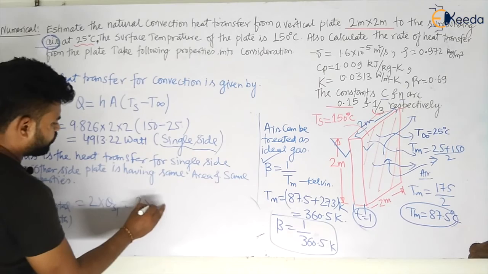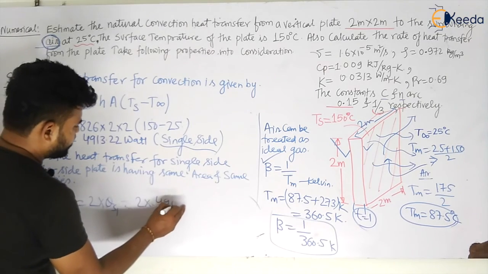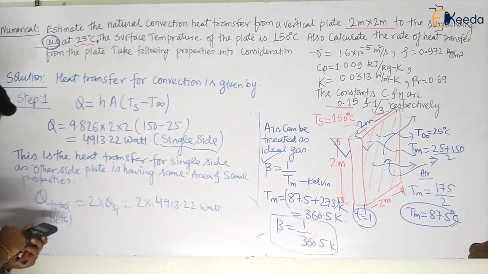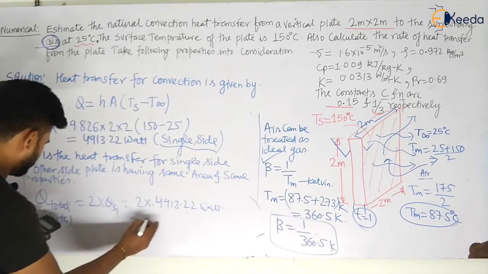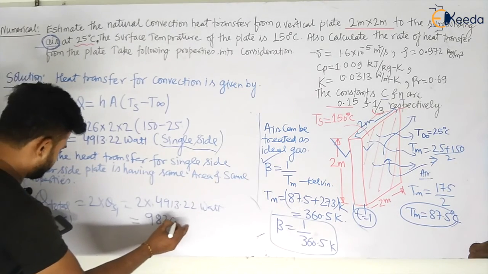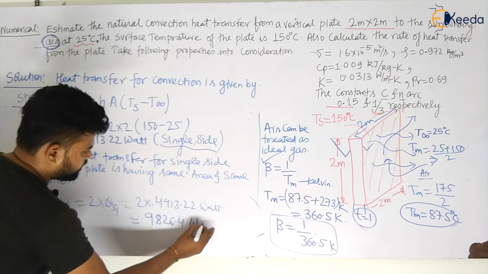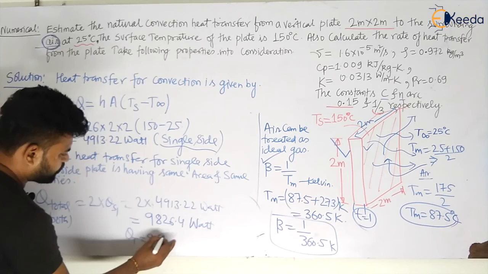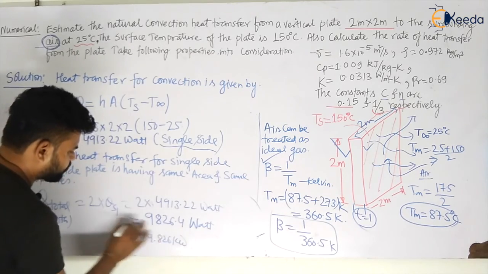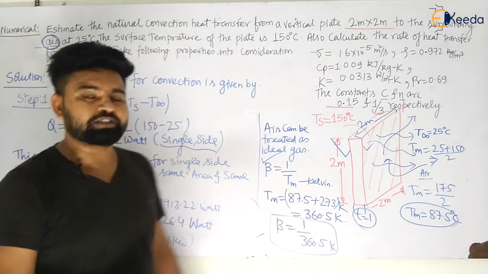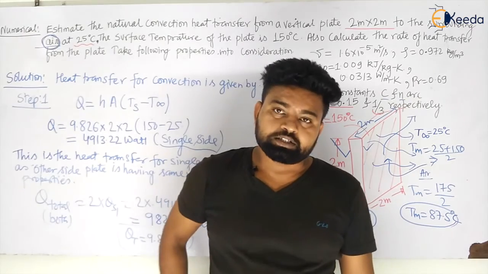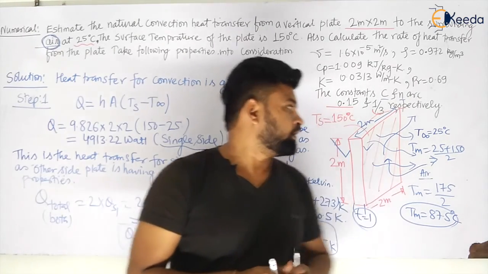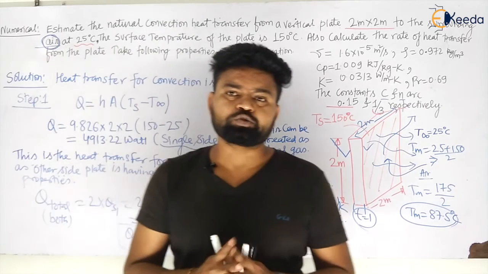So this will become 2 into 4913.22 watt. So this will be multiplied by 2, and total heat transfer will be equal to 9826.4 watt, or we can say Q total is equal to 9.826 kilowatt, my dear students. So this much of heat transfer will be there in this case, my dear students, and hope you have understood the question. Okay, so thank you so much, my dear students.